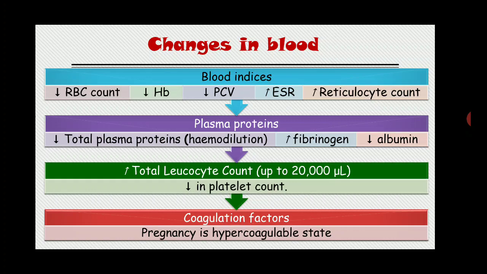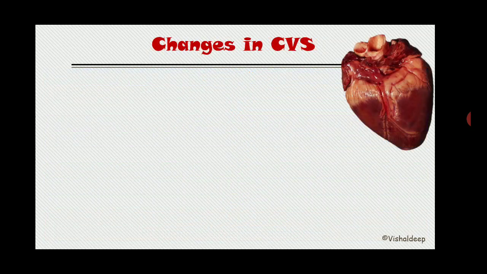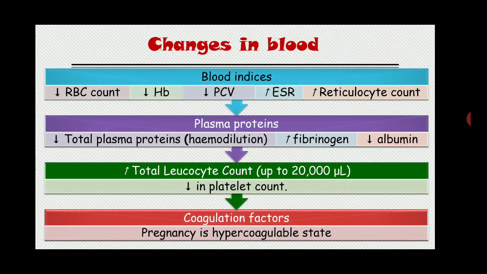As these coagulation factors increase, pregnancy becomes a hypercoagulable state, and this hypercoagulability of the blood plays a very significant role in hemostasis at the time of separation of the placenta during delivery. We need that hypercoagulable state at the time of labor, at the time of separation of the placenta. If this hypercoagulability is not there, then there are chances of a higher amount of blood loss.